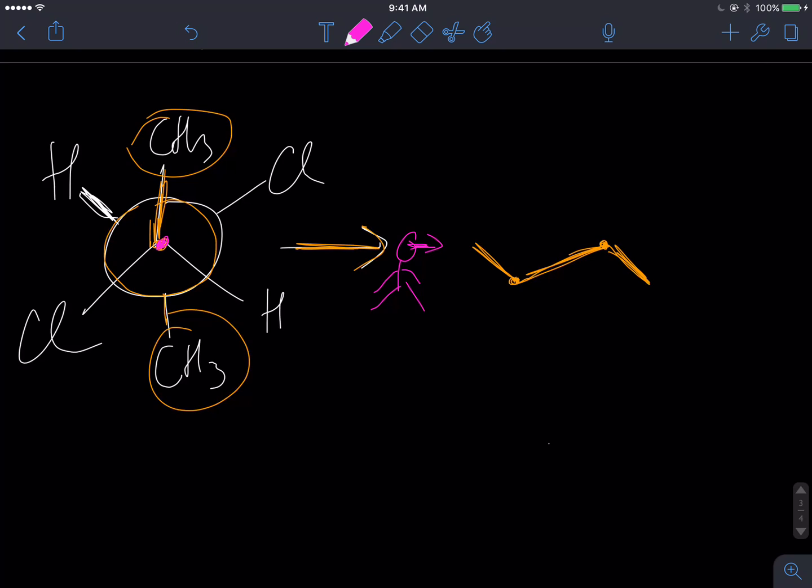Then you will have this molecule like that. This is the point that you're looking at, and CH3 right here. And then when you rotate your body to the right, the chlorine is gonna go inside, and the H right here gonna go outside. So you have chlorine go inside and hydrogen go outside.